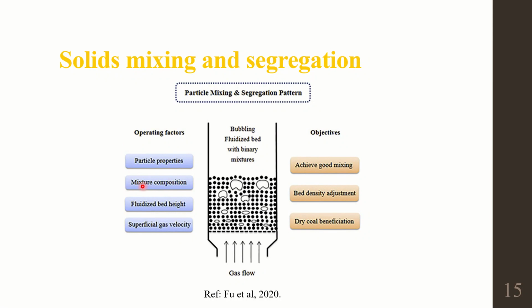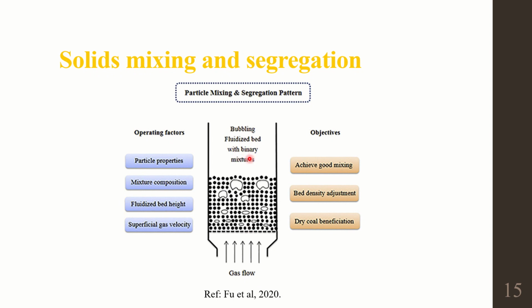For example, how much coal is present inside the system and how much quartz, and the fluidized bed height and superficial gas velocity. Obviously the gas velocity would influence whether mixing or segregation is happening.